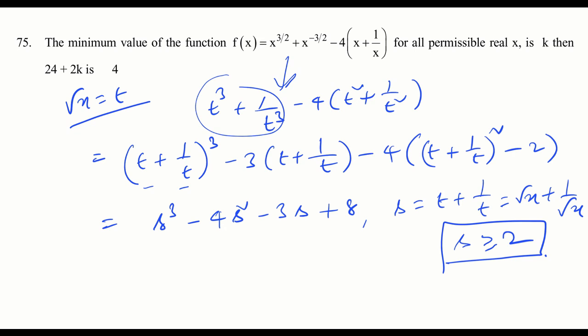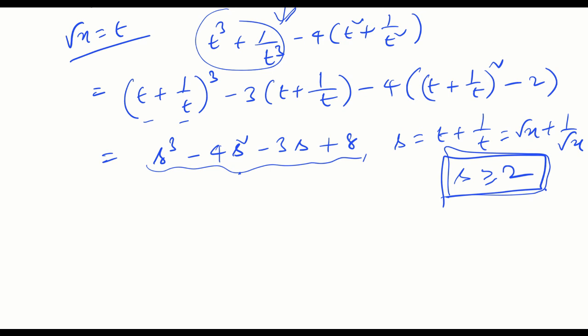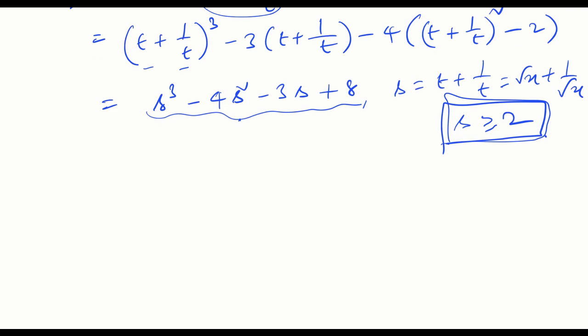And now for f of x, we want the minimum value, which transformed into this form means we want its minimum value given s is greater than or equal to 2. Now from here the rest is obvious. We do it the way we do in the intermediate textbook. We simply go for the derivative and see where the derivative is 0.